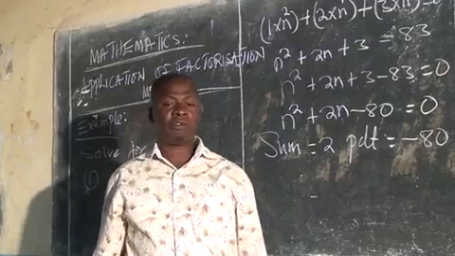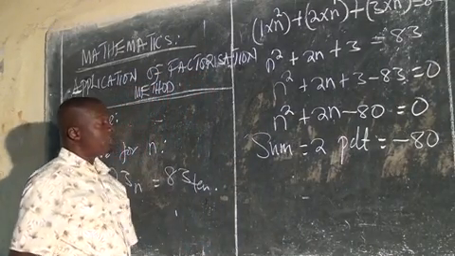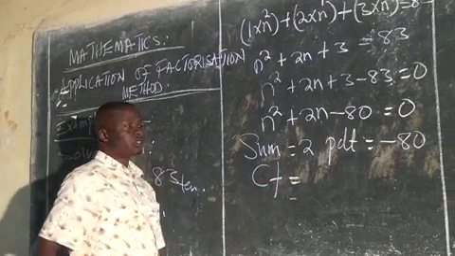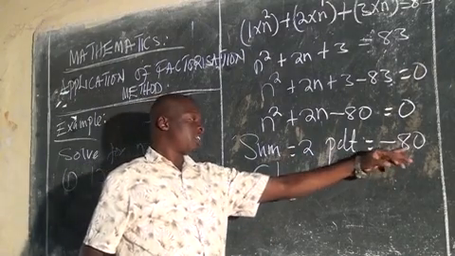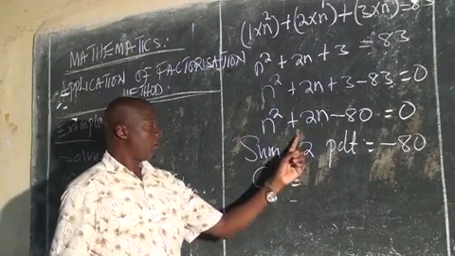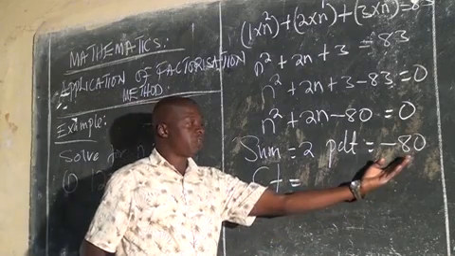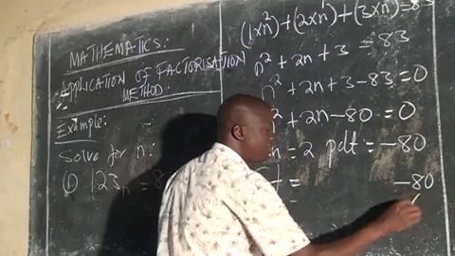If you say positive 80, you will get no correct answer. We need to identify two numbers which, when you multiply, give us negative 80, and when you add, give us positive 2. So we check in the factors of negative 80.